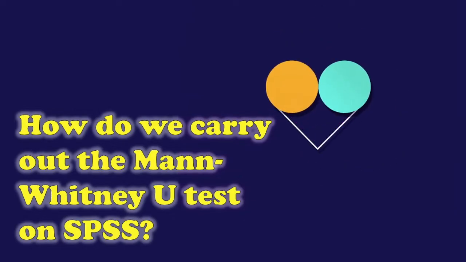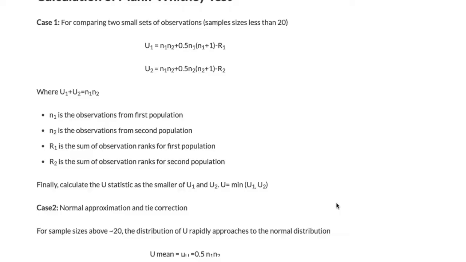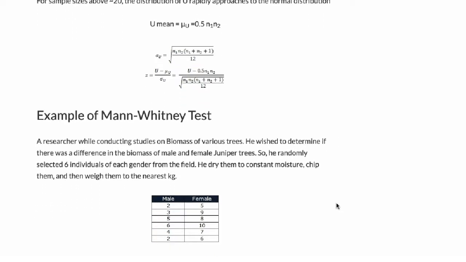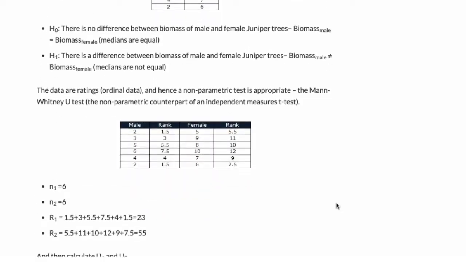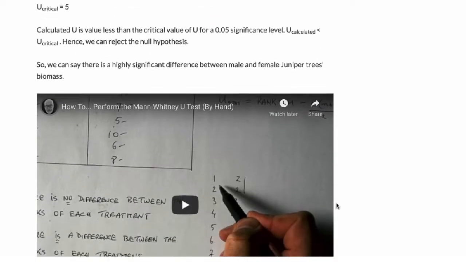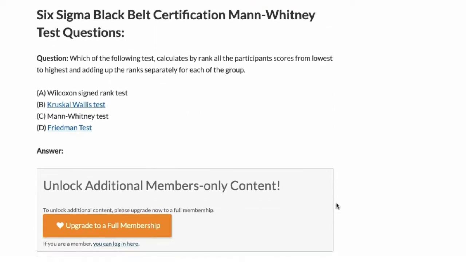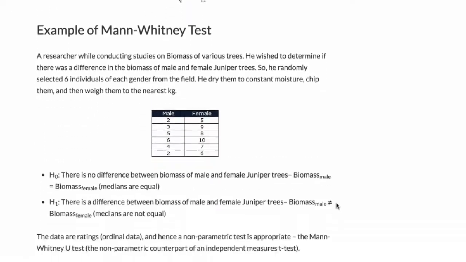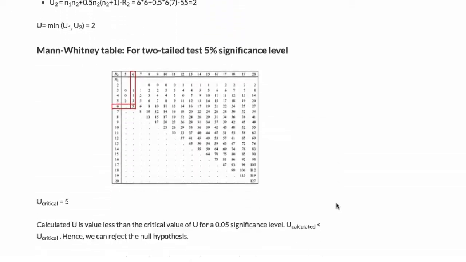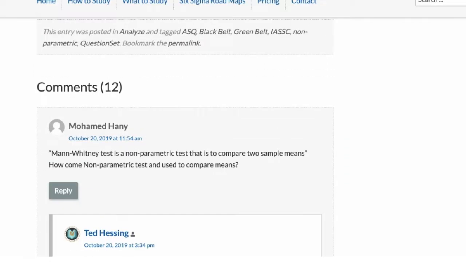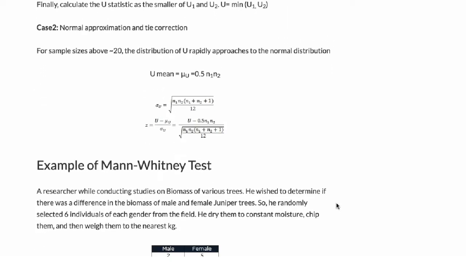There is also a formula and steps which you can follow to solve your data manually by yourself, or maybe using a calculator. But that would be a lot of work, especially for those who are not mathematically gifted. So fortunately, we can use SPSS to run this test for us.